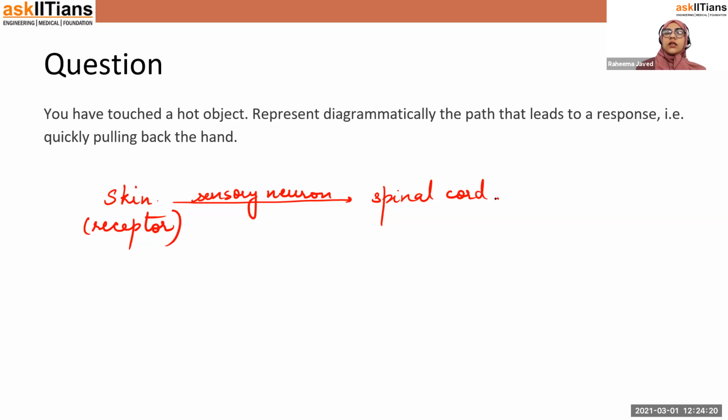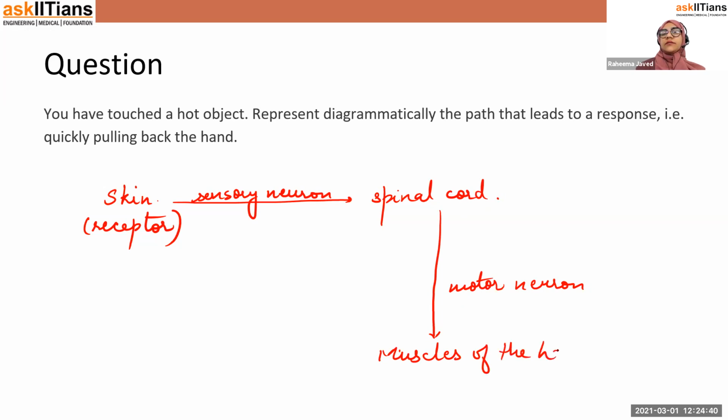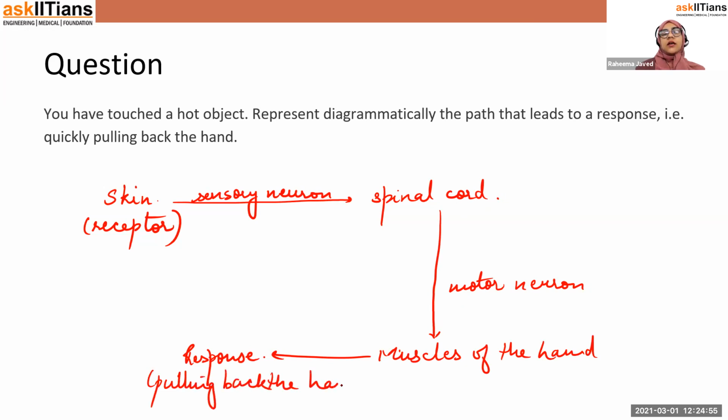Then via the spinal cord, the response is coming via the motor neuron to the muscles of the hand, by which the response is given, that is pulling back the hand.